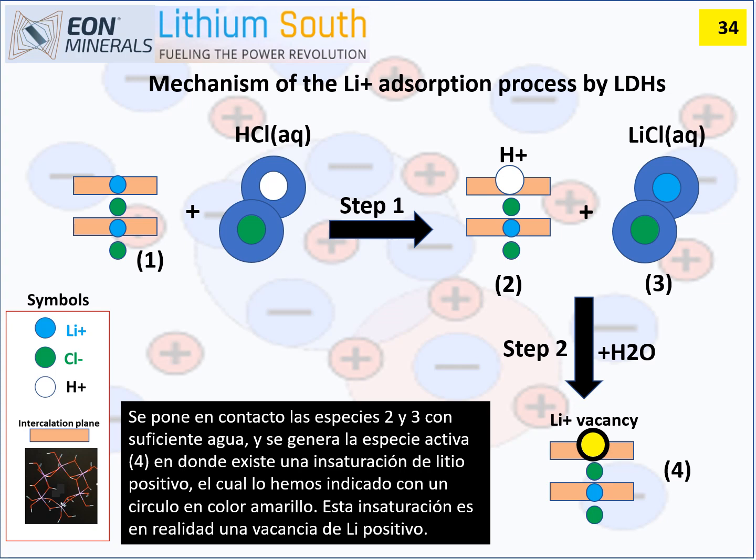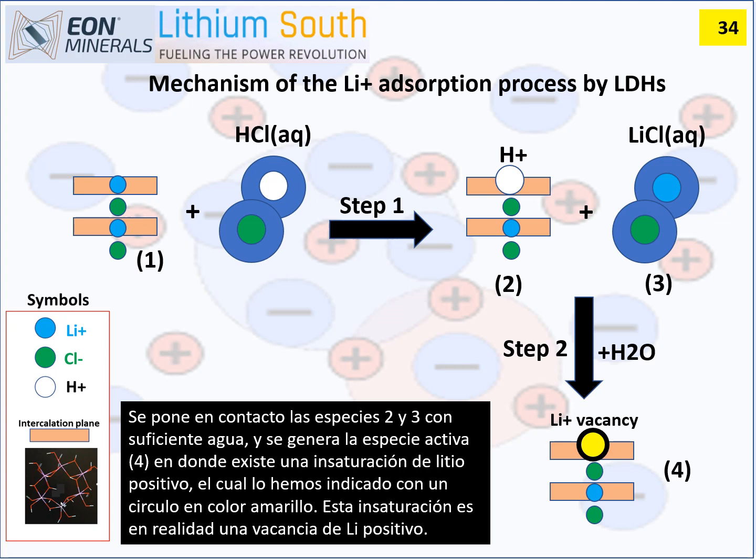Species 2 and 3 are put in contact with enough water, and the active species 4 is generated, where there is a positive lithium unsaturation, which we have indicated with a yellow circle.